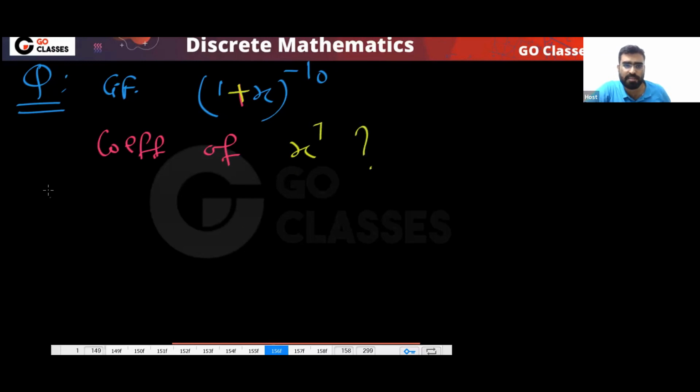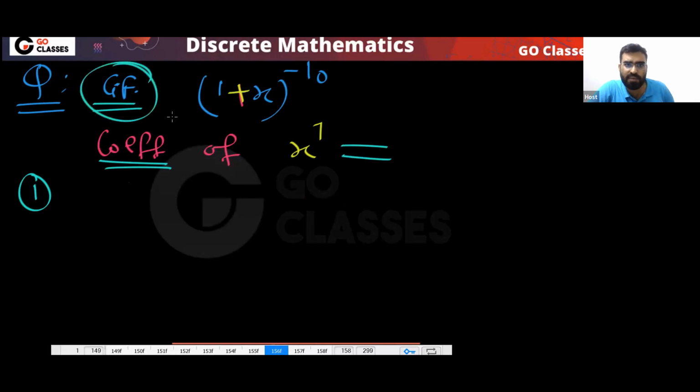Can anyone tell me what this is? In the generating function, the coefficient of x power 7 is a7. So I'm asking you a7.